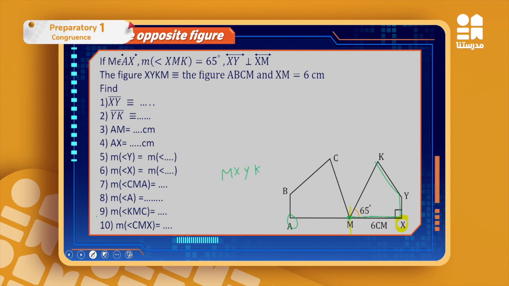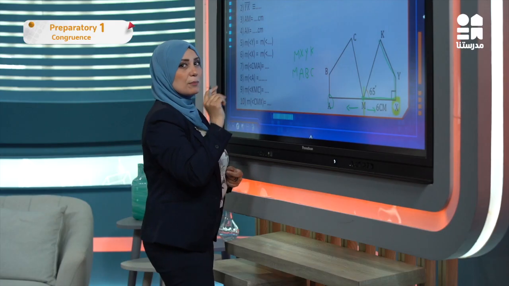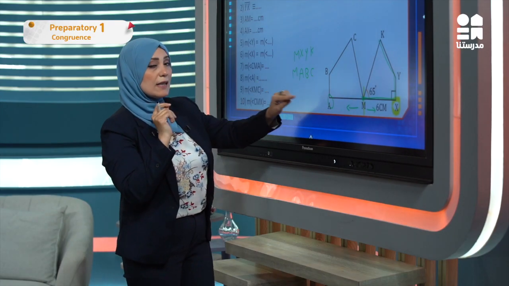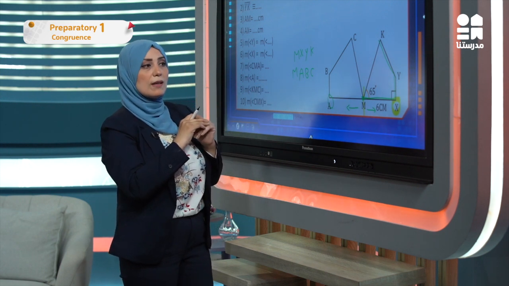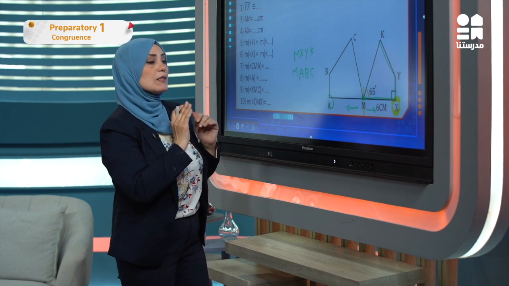And the other one, we started from M. Also, we can rename it as, here we moved this way and we have to move this way in the other polygon. So we can call it M, A, B, C. It's better to name it in the same order according to the corresponding angles and sides.